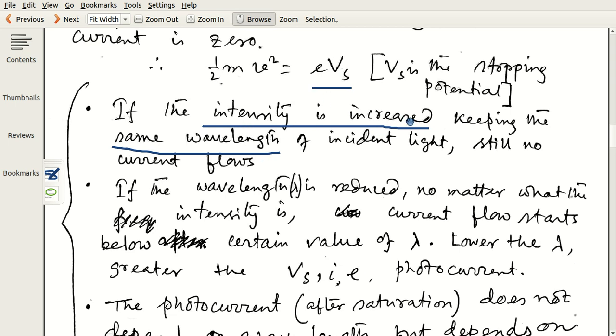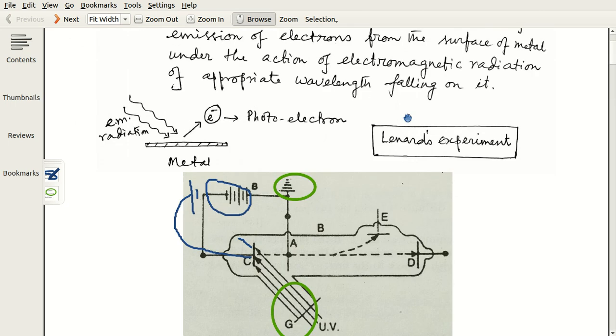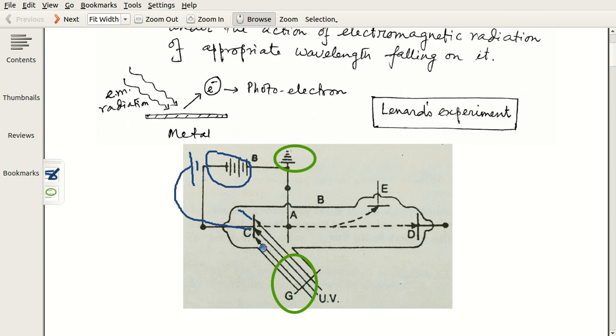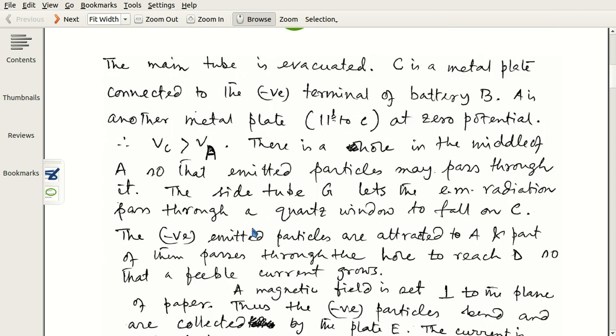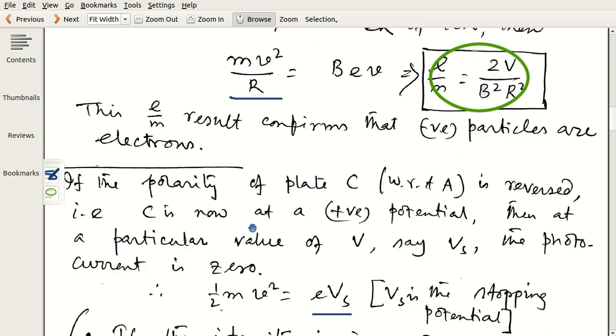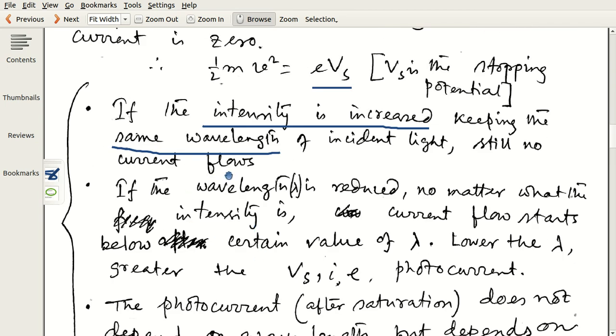You are putting more light through the side tube G on C. Intensity is increasing in that way, but still there is no current flow.